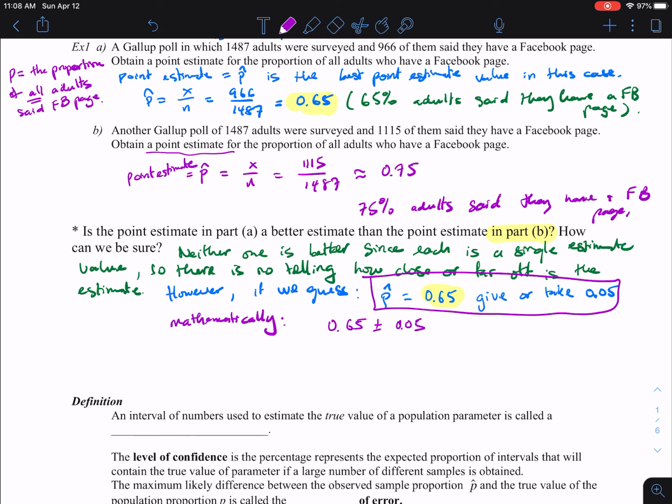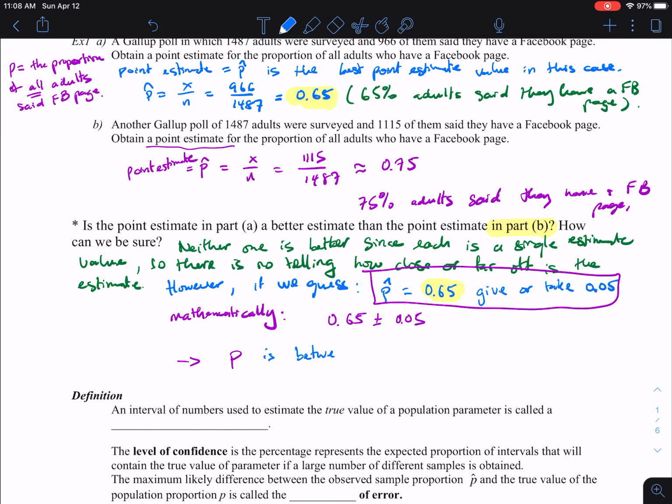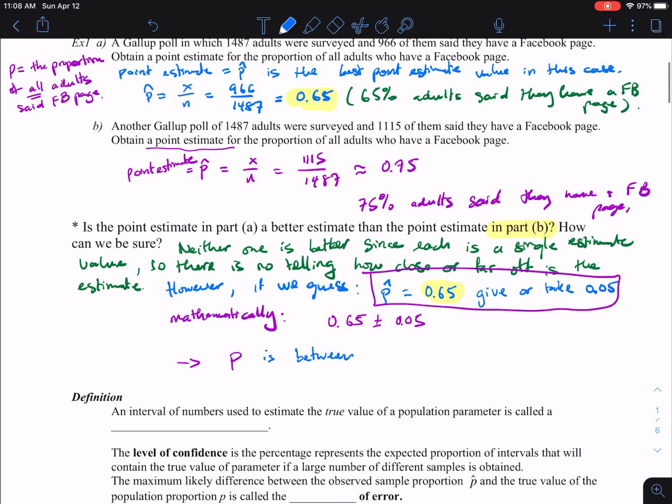Give means add, take means minus. So here, p, the proportion of all adults that said they have Facebook, is somewhere between 60% and 70%.